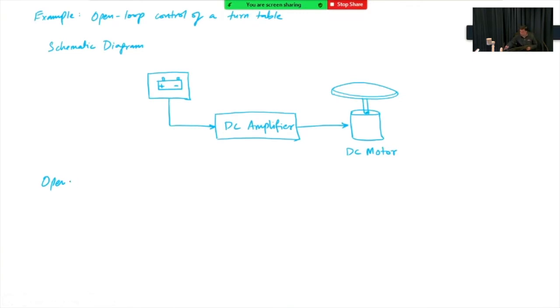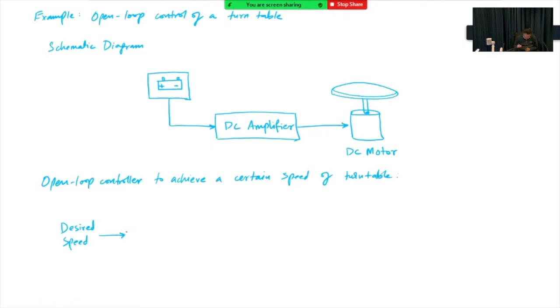Okay, so if you want to design an open loop controller to achieve a certain speed of turntable, what you will do is you will have a desired speed that you want to turn it at, and that goes to the amplifier.